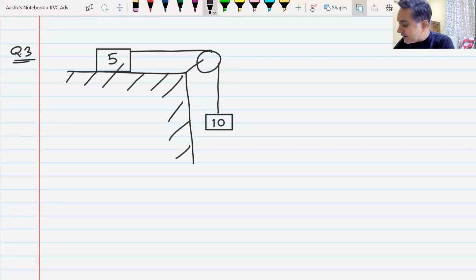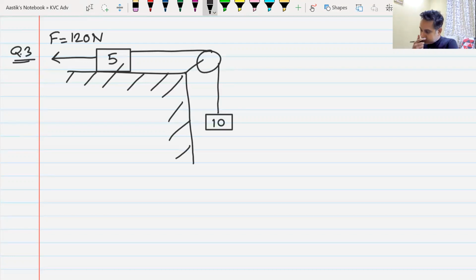And I also have one force which acts like this, and this force is 120 newtons. Then I ask you the same question. What is the acceleration of the blocks? And what is the tension in the string? I'll give you 2 minutes, think about it.